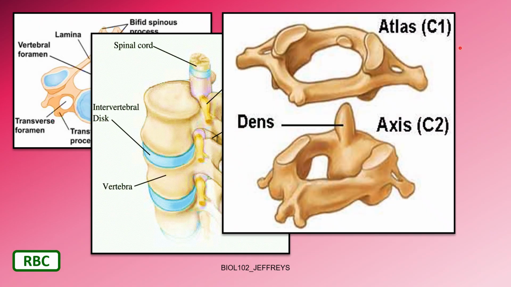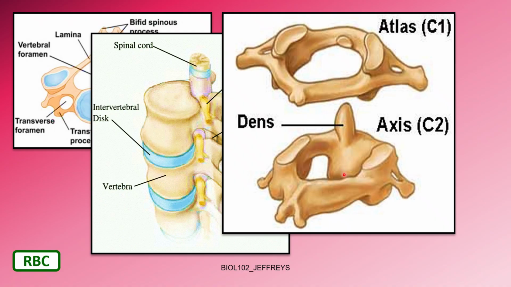Now, C1 and C2, we give them special names. C1 is called atlas, C2 is called the axis, because C1, these processes here, that's where your skull articulates with the first cervical vertebra. Your skull articulates right here.